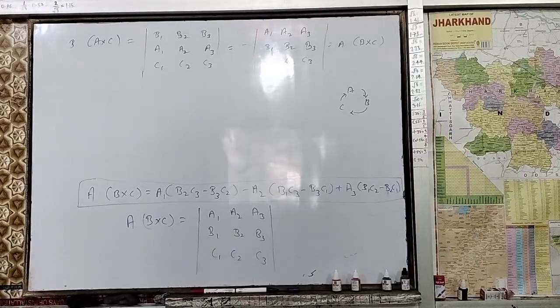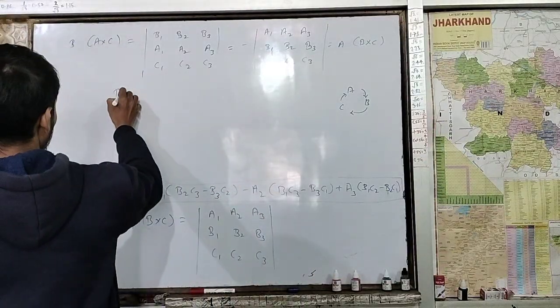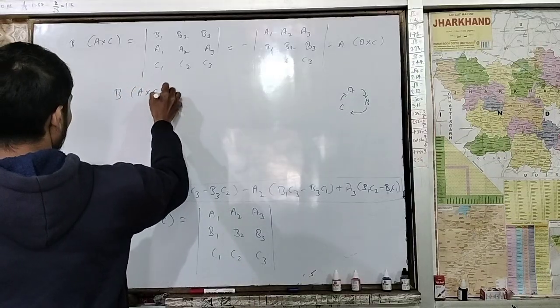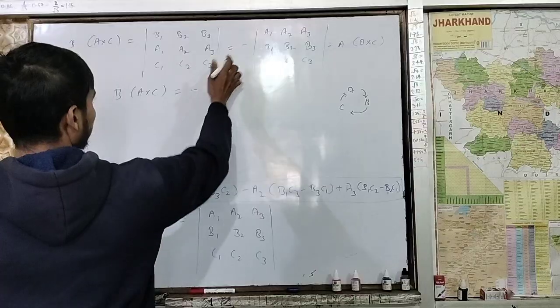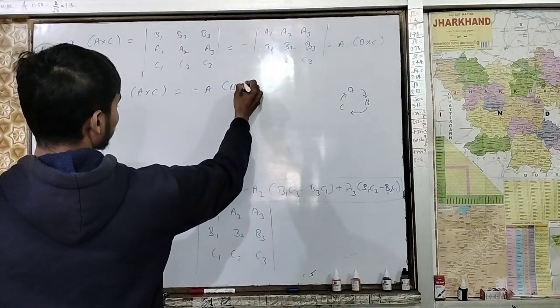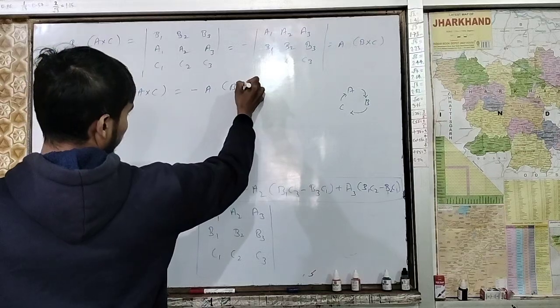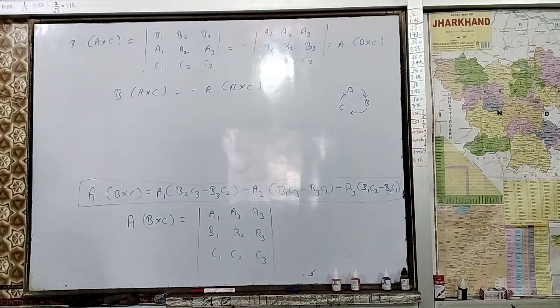So the formula will be B dot A cross C, and since we applied negative, both will be equal to A dot B cross C. The value will be the same even after changing the order.